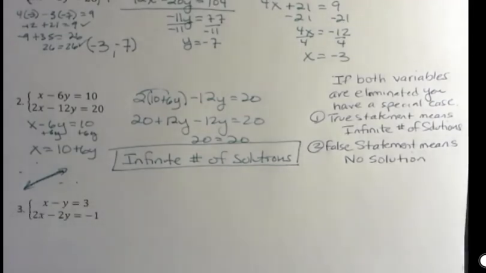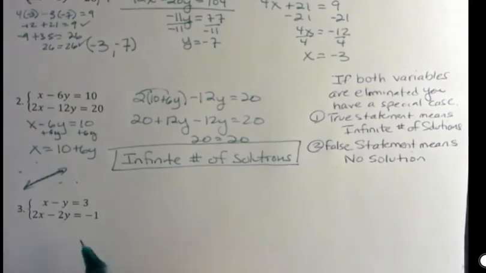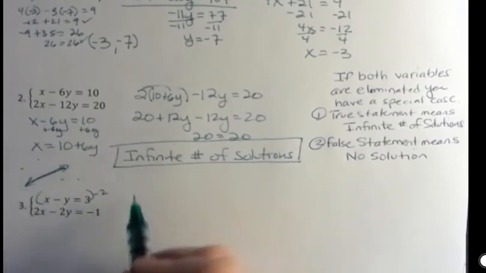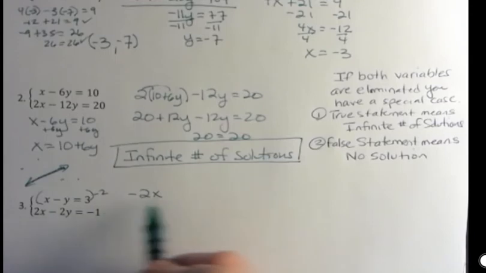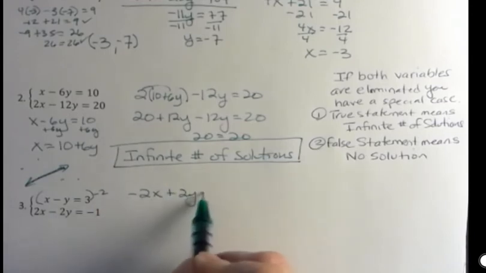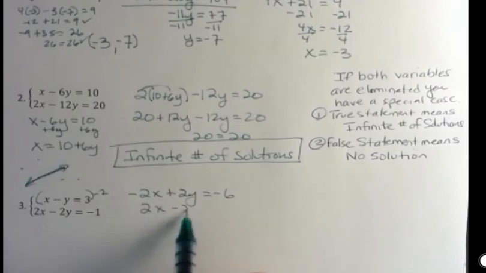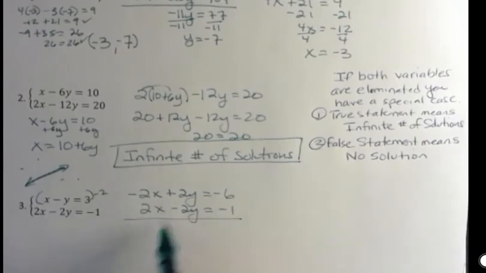I'm going to use the elimination method again. Since I just used something different, I'm going to eliminate the x's. So I'm going to multiply by -2. Negative 2x plus 2y is -6, and 2x minus 2y is -1. Now when I add those together, the x's go and the y's go.